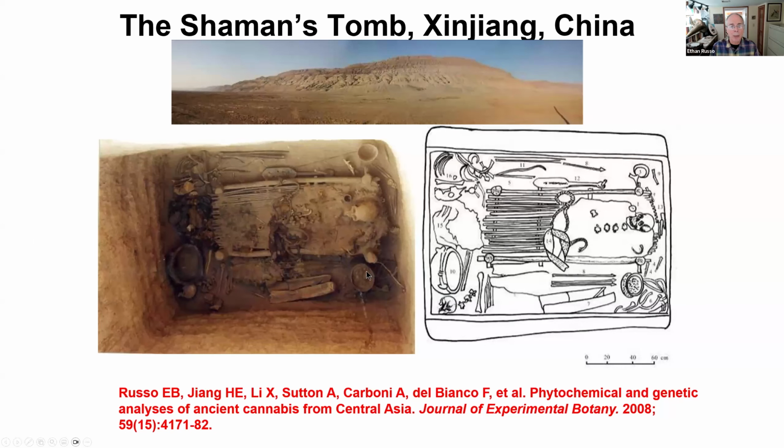And there were two receptacles containing what was obviously cannabis, over 700 grams of this. It was assumed he was a shaman because of the special goods there, musical instruments, archery kits, and other goods that would be associated with a special individual.